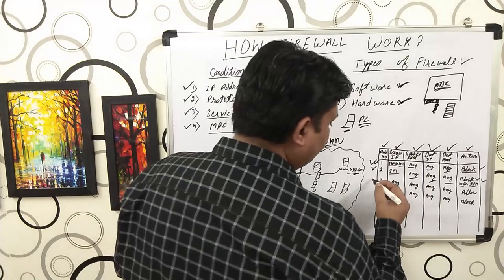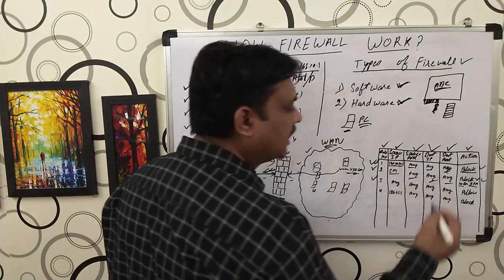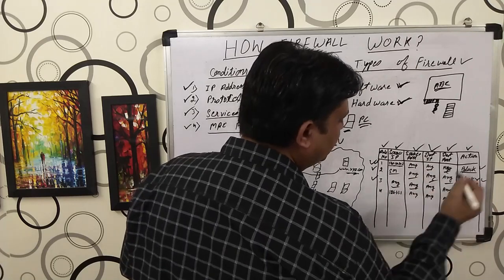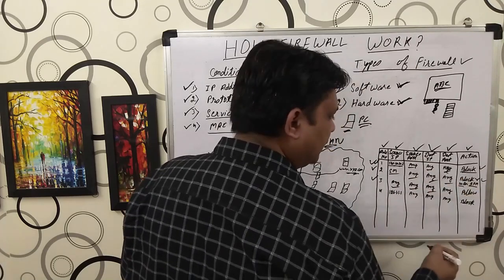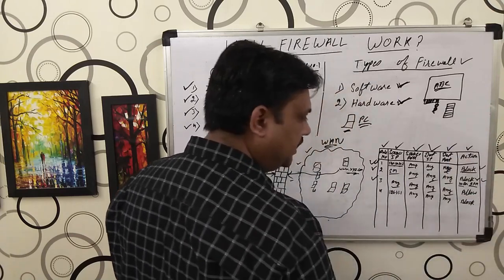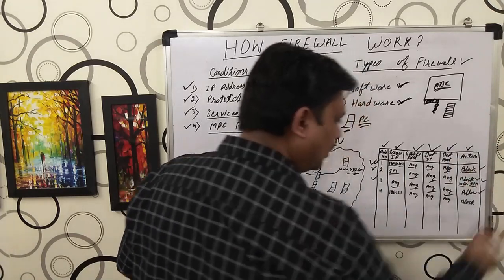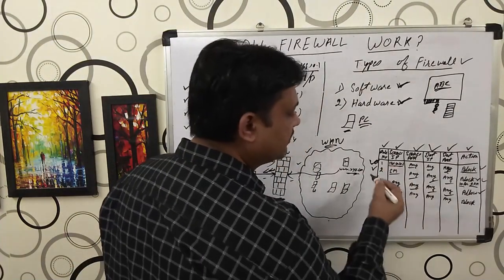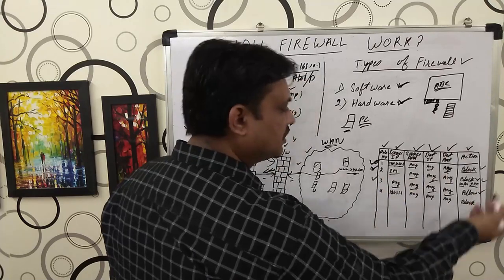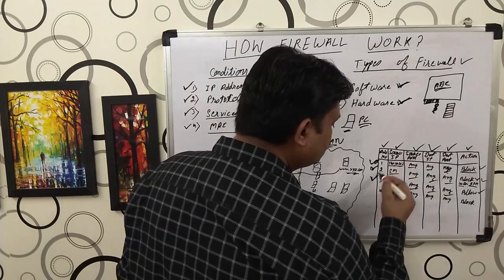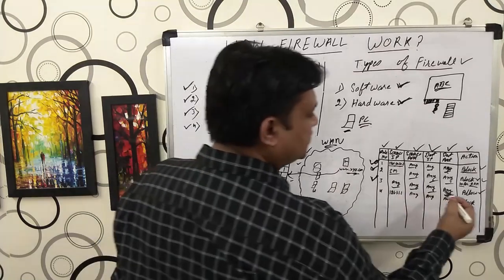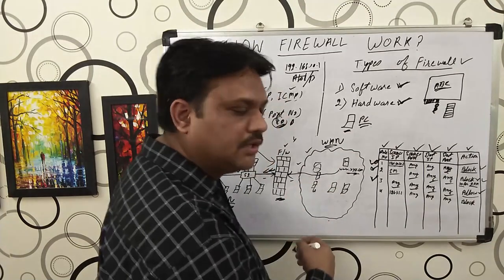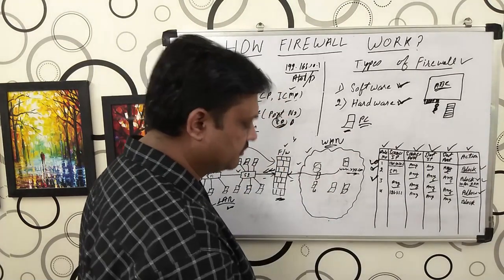So what you have to do is give one allow condition, a permit condition: source IP any, source port number any, destination IP any, destination port number any, and the action is allow, which means if the first condition does not match, it will check the further condition number 2. If condition number 2 is not matching, then it will reach condition number 3, which says allow. So this firewall will allow the traffic into your local area network.